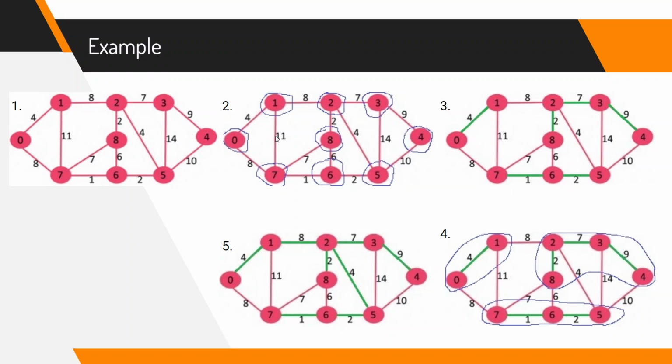Then we move on to 2, where we have 2 to 8. And similarly, the cheapest edges are highlighted in green as shown. And now we can see that in figure number 4, all the connected vertices can be shown here.